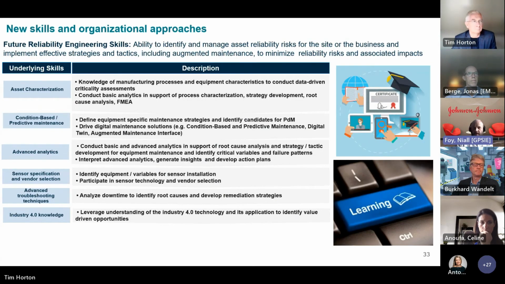So the new skills and organizational approaches. I mentioned it before: it's the people, investing in the people, making sure we have the right skills and the right knowledge in our people, and that they understand the processes that we're trying to embed: asset characterization, condition-based and predictive maintenance, advanced analytics, sensor specification and vendor selection, advanced troubleshooting techniques, and Industry 4.0.